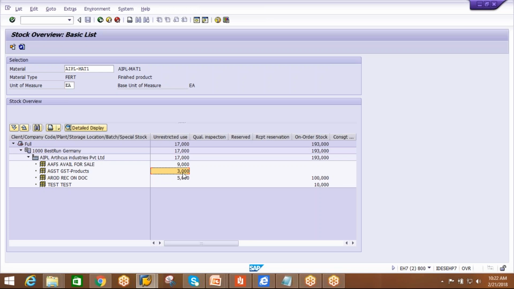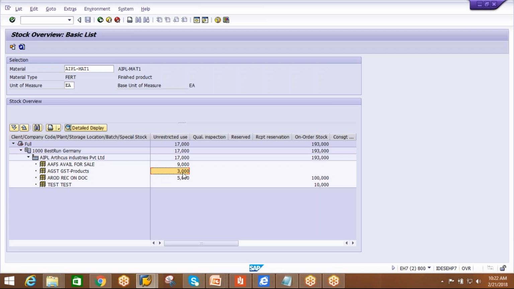Then how is it possible to work with a single storage location? We cannot maintain these staging area groups directly in the warehouse process type, but in strategies or dynamic storage bin determination, as one of our friends asked, against that we manage these kinds of things.